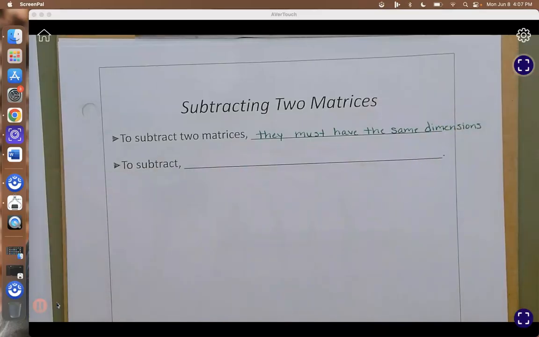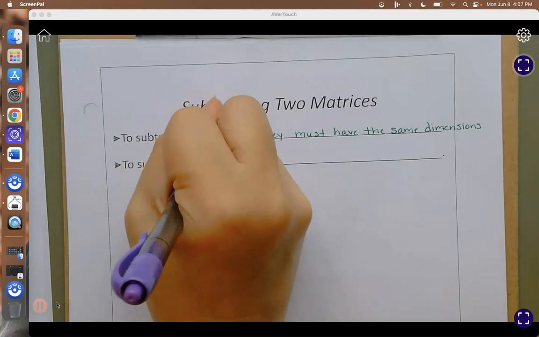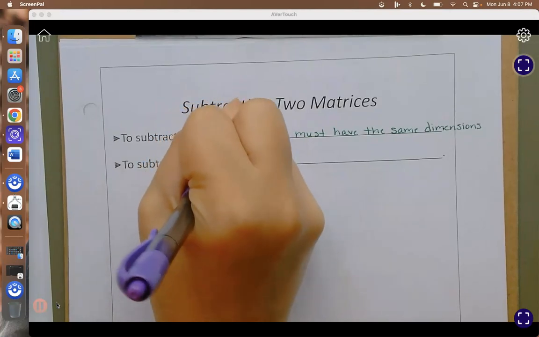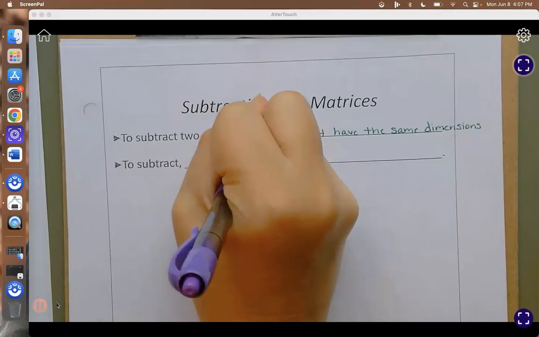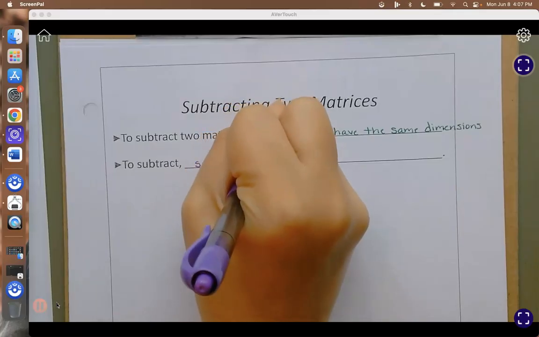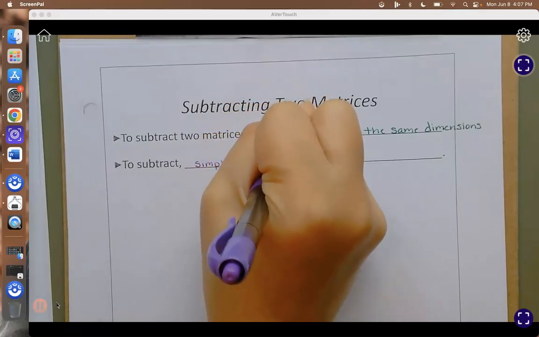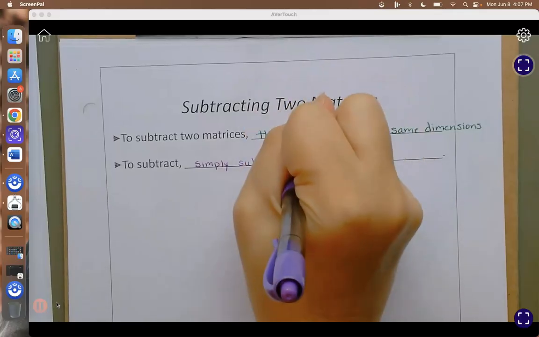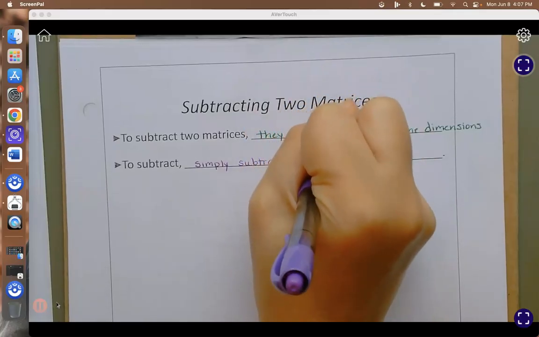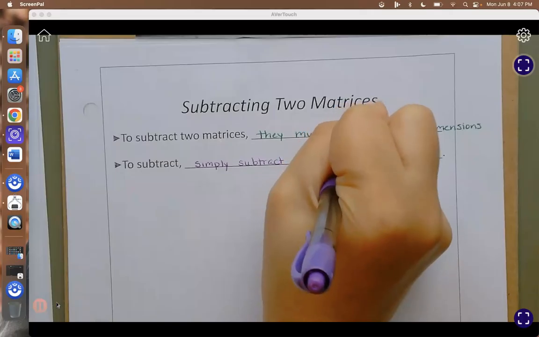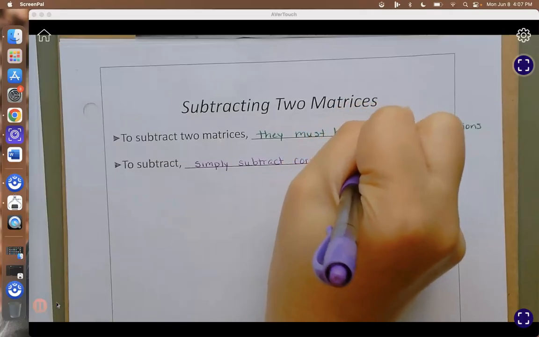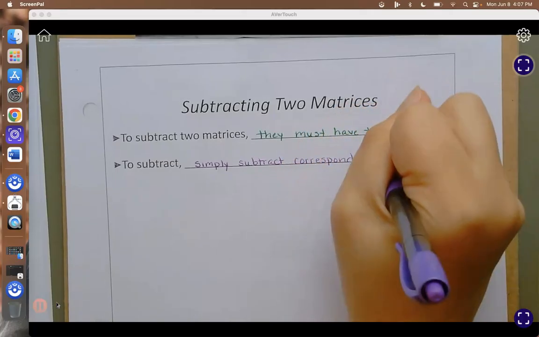Okay, we'll look at it in just a minute. So to subtract, simply subtract corresponding elements.